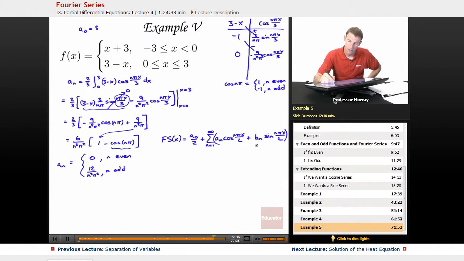So I don't need to worry about the sines. But I do still have all these cosine terms.